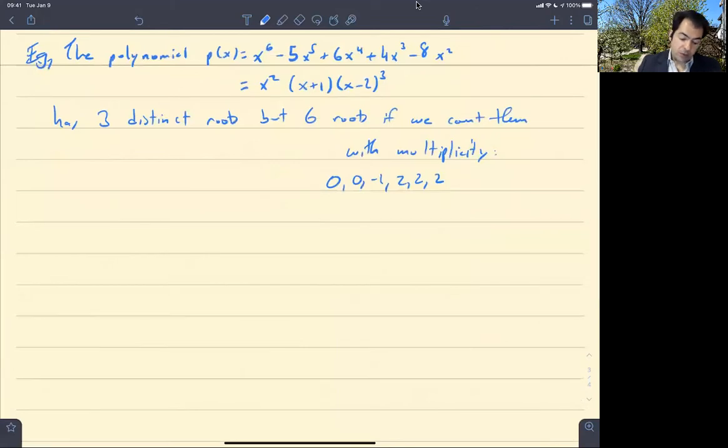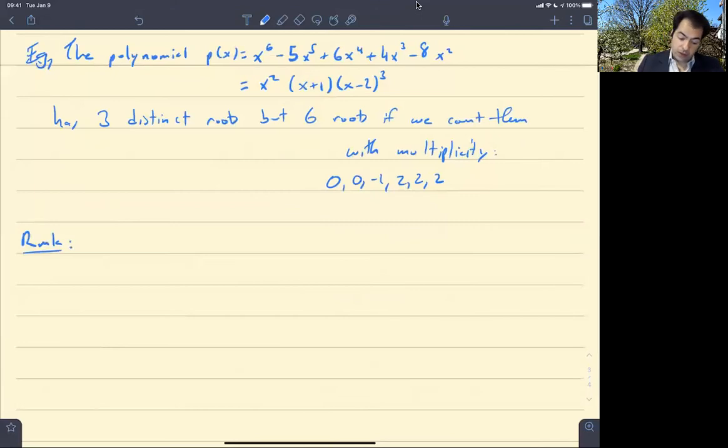Okay, now one thing we proved two lectures ago was that the determinant is an invariant of a matrix, right? So if you have two similar matrices, they have the same determinant.